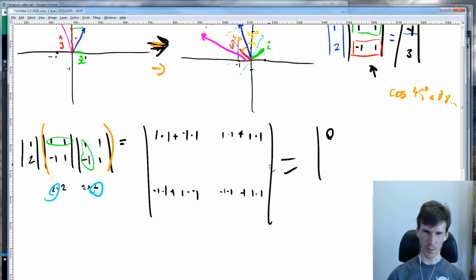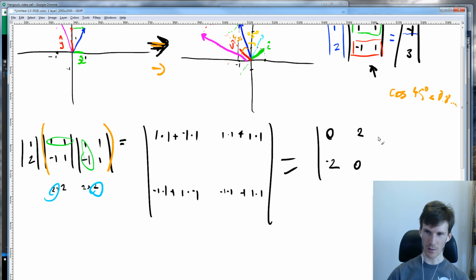Right? I feel like that must be right. If I've made terrible maths errors, then that's fine. That one's 2. This one's 2. This one is -1 plus -1, so that should be -2. And that one's -1 plus 1, which is 0.